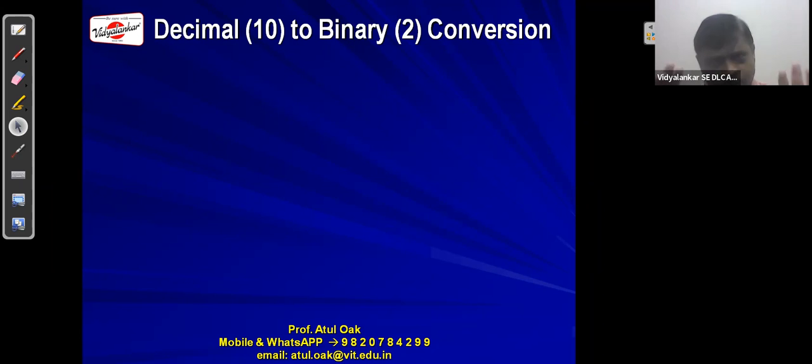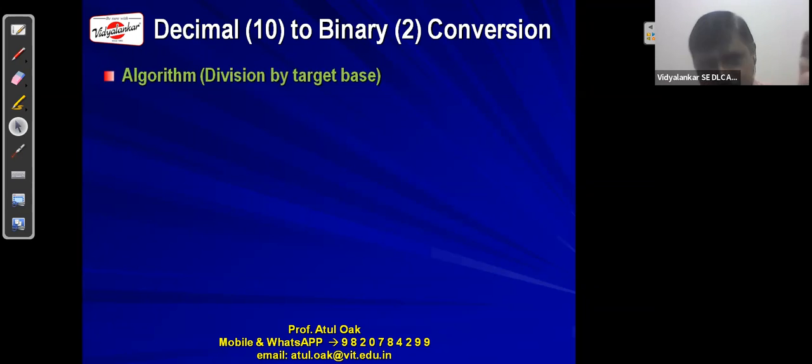Let's start with the algorithm. The algorithm is very simple. Okay, I hope you are going to colleges and have started with sessions, so you may have a little bit of understanding or information, or you may not. Let's go. What is the algorithm? Focus completely, because this algorithm will be repeated for other conversions.